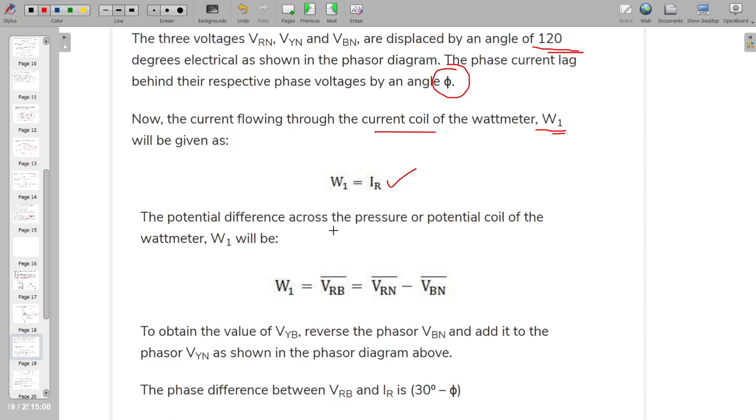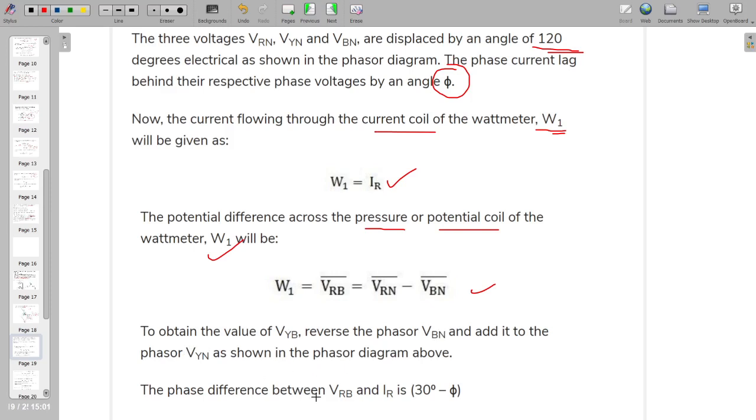The potential difference across the pressure coil, or potential coil, of wattmeter W1 is VRB. With the help of phasors, we can write VRB is equal to VRN minus VBN. To obtain this, reverse the phasor of VBN and add it to the phasor VRN, which is shown in the phasor diagram.